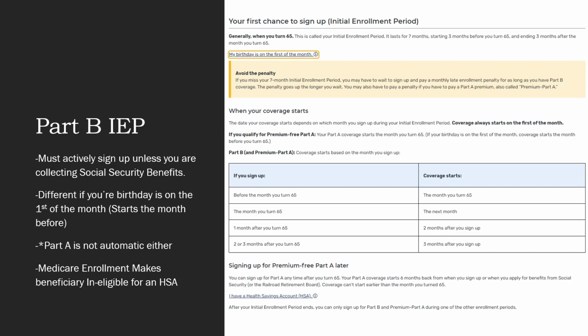So Part B IEP, you must actively sign up for this unless you are currently collecting Social Security. If you're on Social Security benefits, you will automatically be sent an enrollment packet, and in that enrollment packet, it will have your Part B start date.